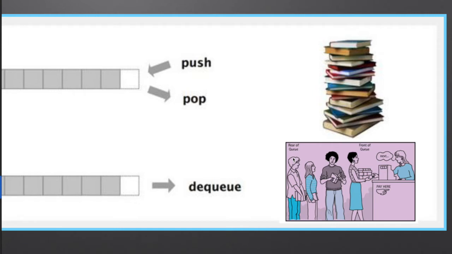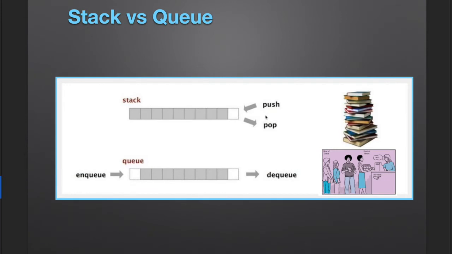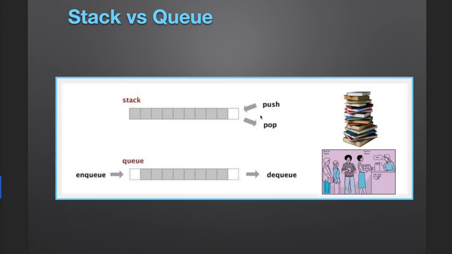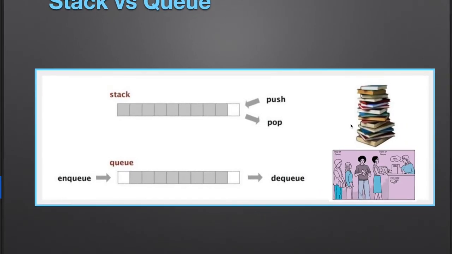It's important to understand that this time we can access the front and rear, but we will talk about this later. A queue is a data structure in which the elements are added at one end, called the rear, and deleted from the other end, called the front. So again, it's just like a line in the store.